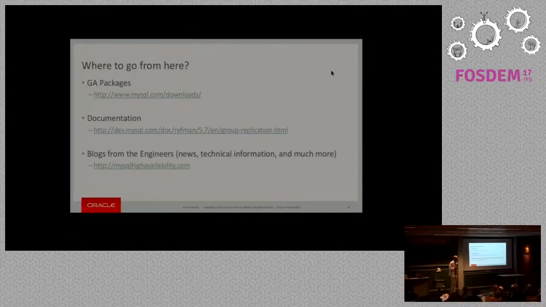You can do whatever you want. You can have slaves into groups, groups into slaves, multi-source, whatever. Semi-sync is, well, we don't know how semi-sync will come into this picture, but you can try it or not. I don't know if we advise that. Maybe we don't advise that, but maybe we'll try that in the future.